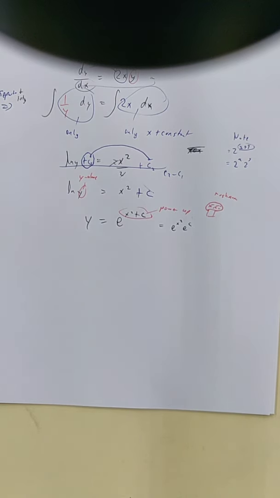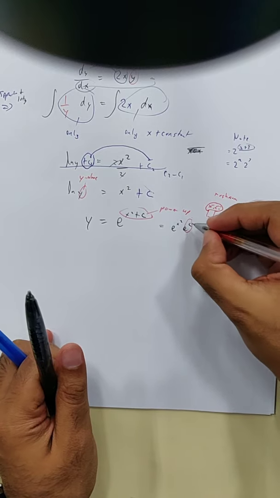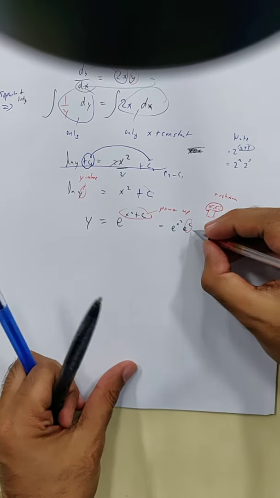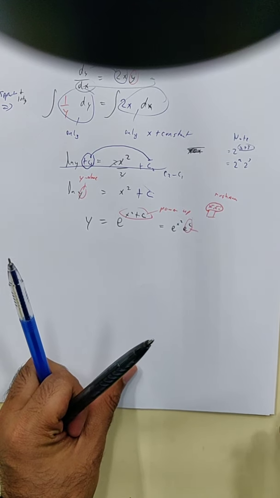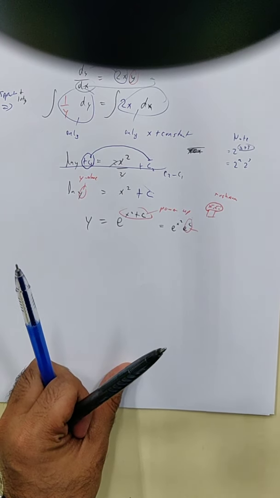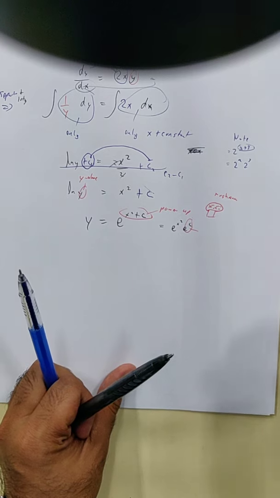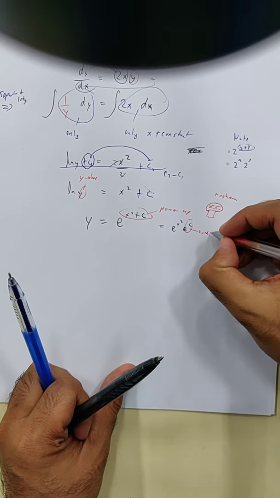You okay? Okay, e^c, are there any variables here? Are there any variables? e is what? Exponent, yeah, it is a constant. c is a constant. So both of them are constant.